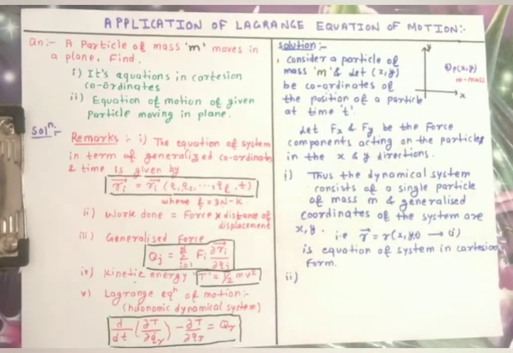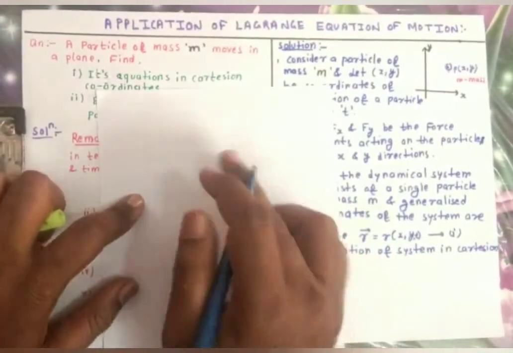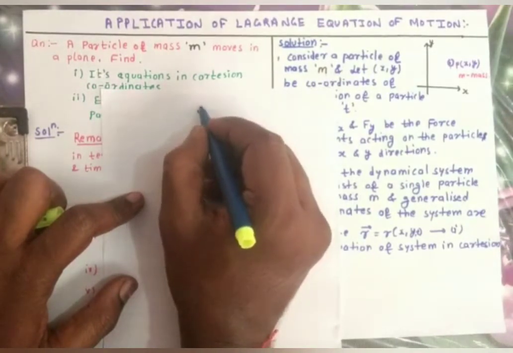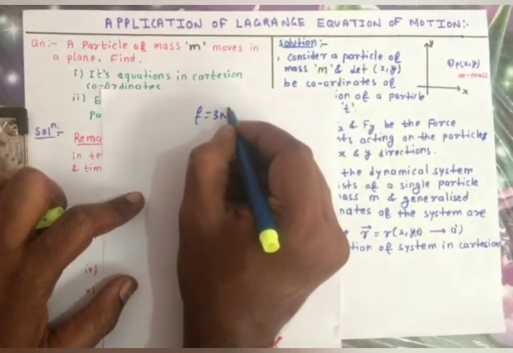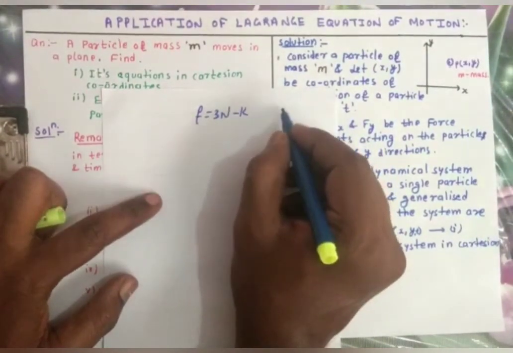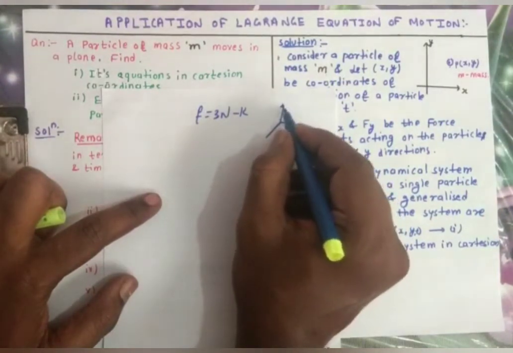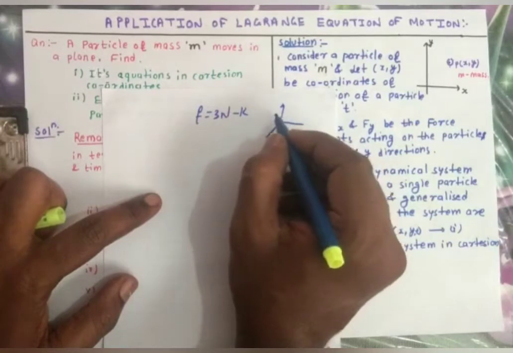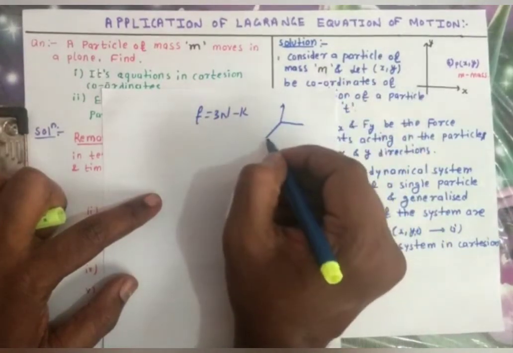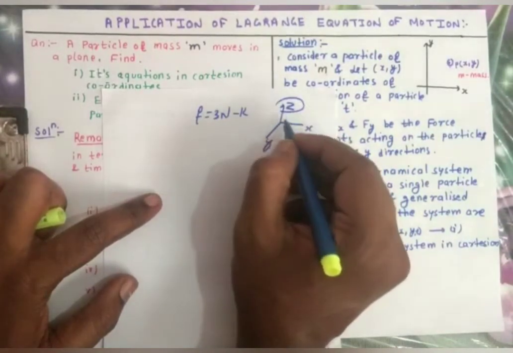Here, in rough, we know that f is equal to 3n minus k. When we say plane, then in space one axis is fixed. If this is x, this is y, and this is z, then we fix z.